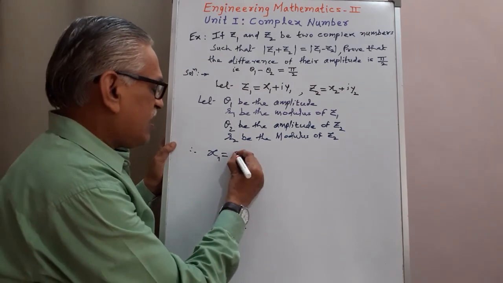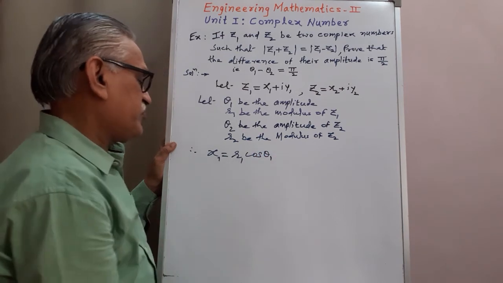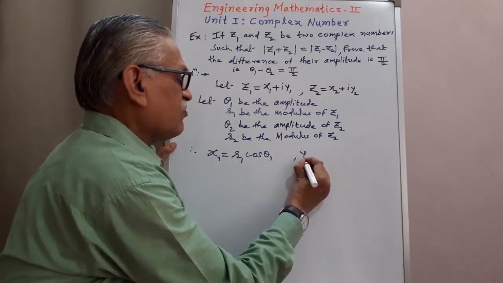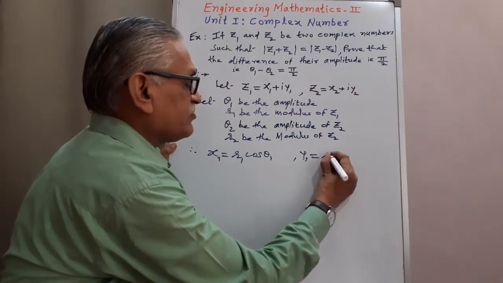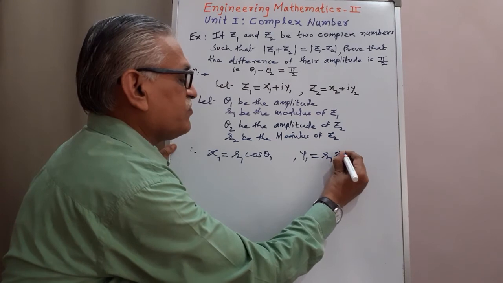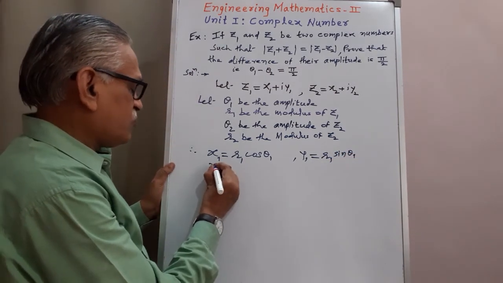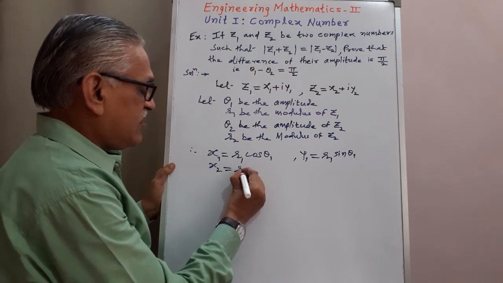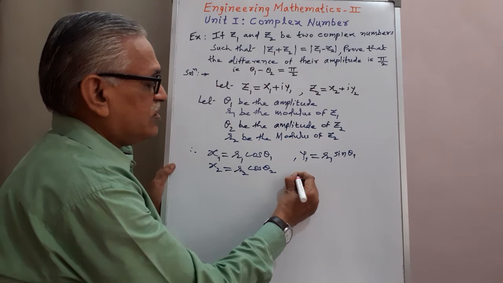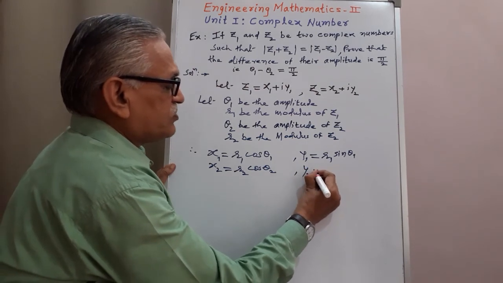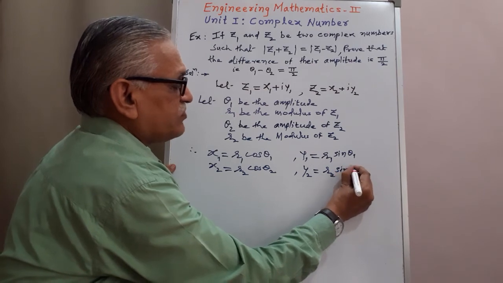Here it becomes r1 cos theta 1, y1 becomes, y is r sin theta, therefore it becomes r1 sin theta 1, x2 as r2 cos theta 2, and y2 is equal to r2 sin theta 2.